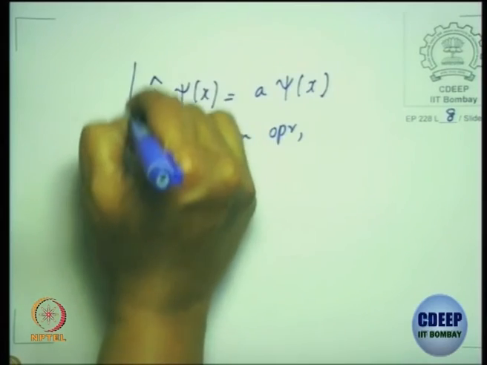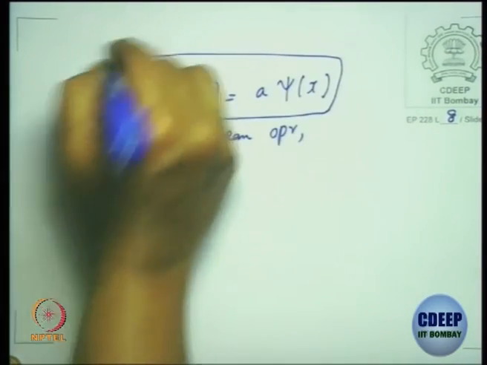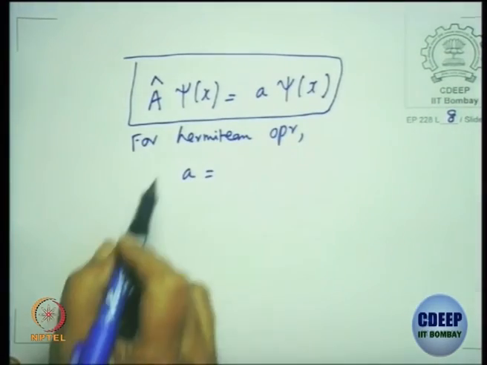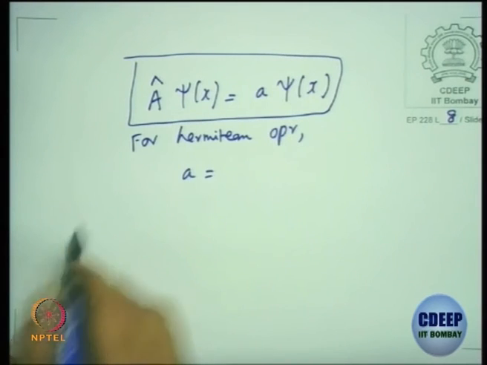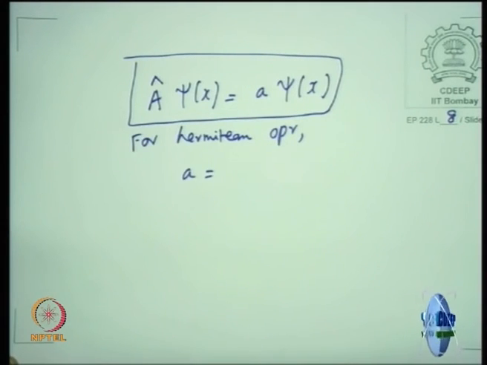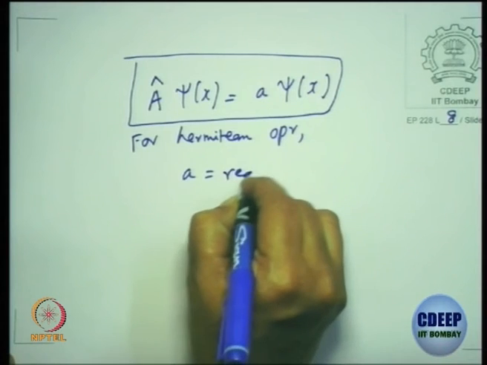If you want to call the operator A a Hermitian operator, then a has to be real.